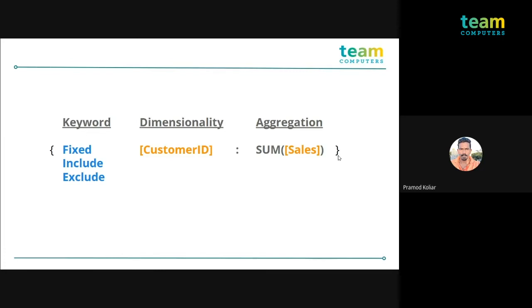You cannot just specify a dimension or an unaggregated expression. It should always be aggregated. Otherwise, the level of detail expression will throw up an error. And this has to be wrapped in curly braces on both sides for it to work. So we have fixed, include, and exclude. What is fixed, what is include, and what is exclude? We'll see in the next slides.